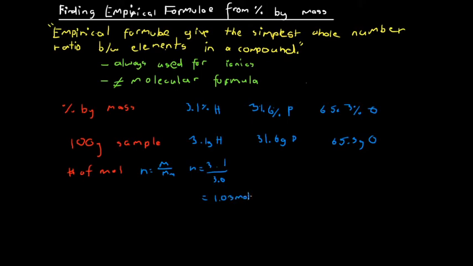We do the same thing with phosphorus. n equals 31.6 over 31.0, which is equal to 1.02.